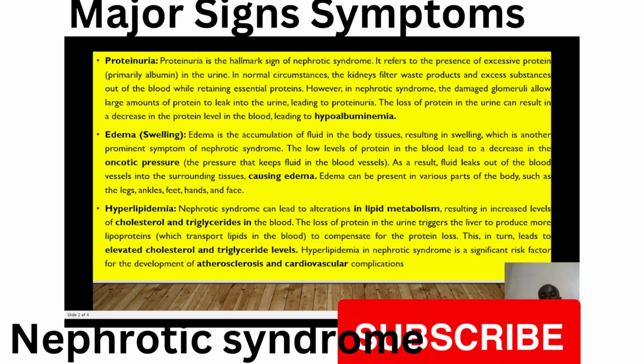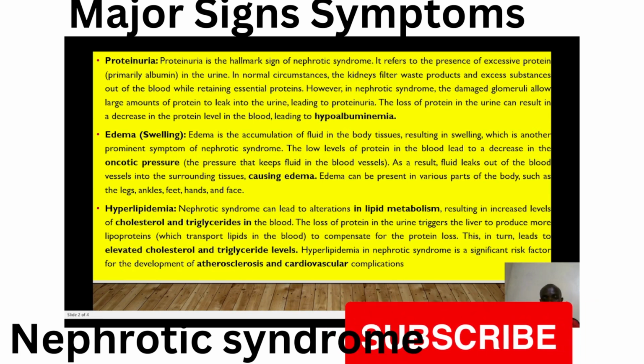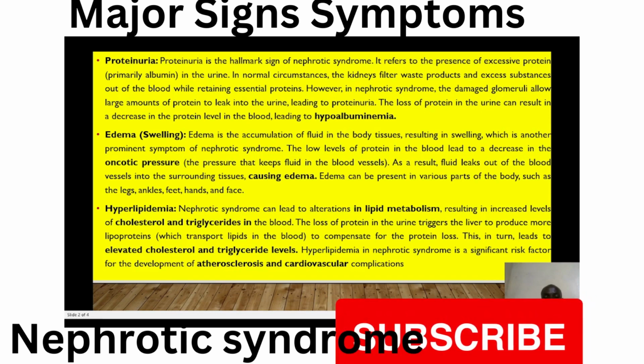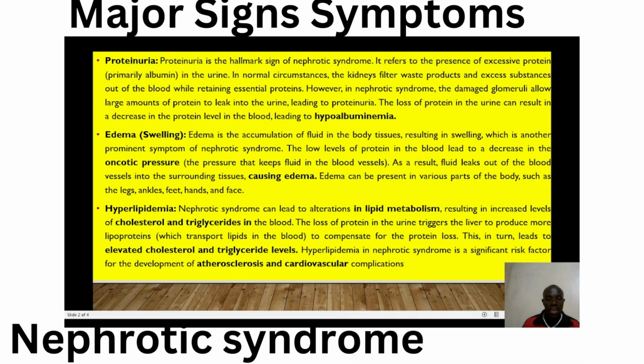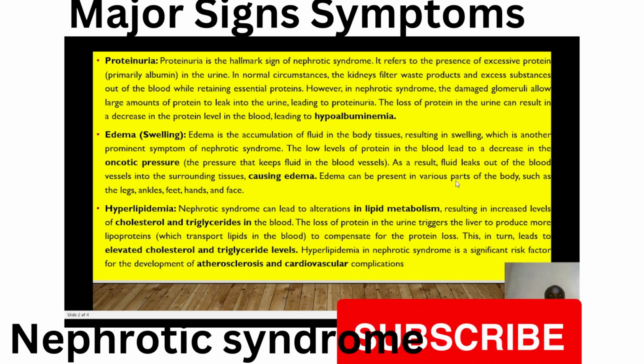The liver will be triggered to produce more lipoproteins, and these lipoproteins transport lipids in the blood. As a result, someone has more cholesterol and triglycerides, which places them at a greater risk of cardiovascular complications like atherosclerosis.